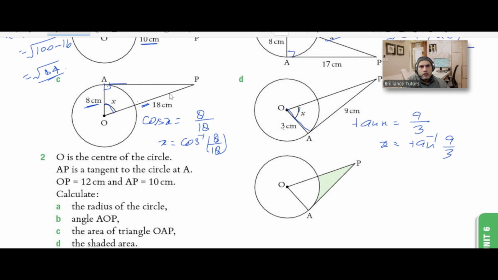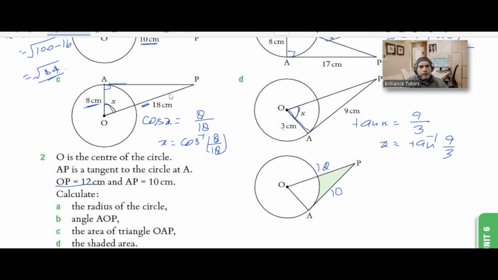In this question, you have to find the shaded region. First we need to find the area of this triangle. O is the center of the circle, AP is a tangent to the circle, OP is 12 as the hypotenuse, and AP is 10.